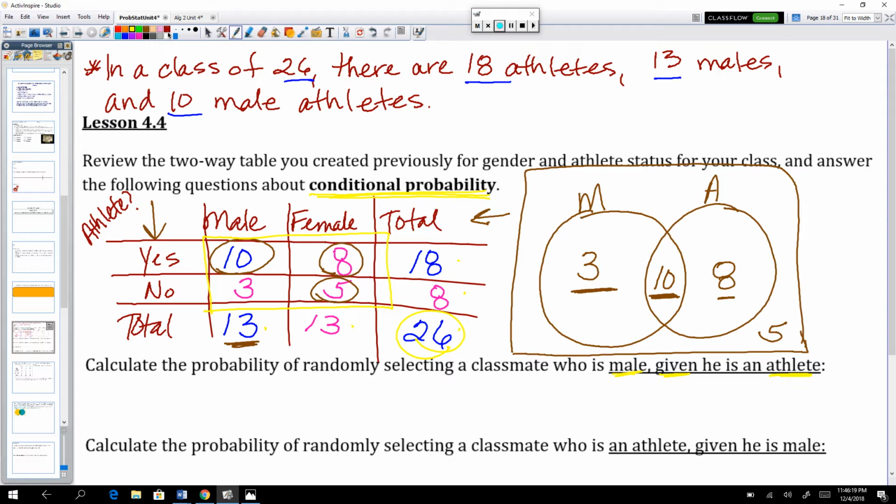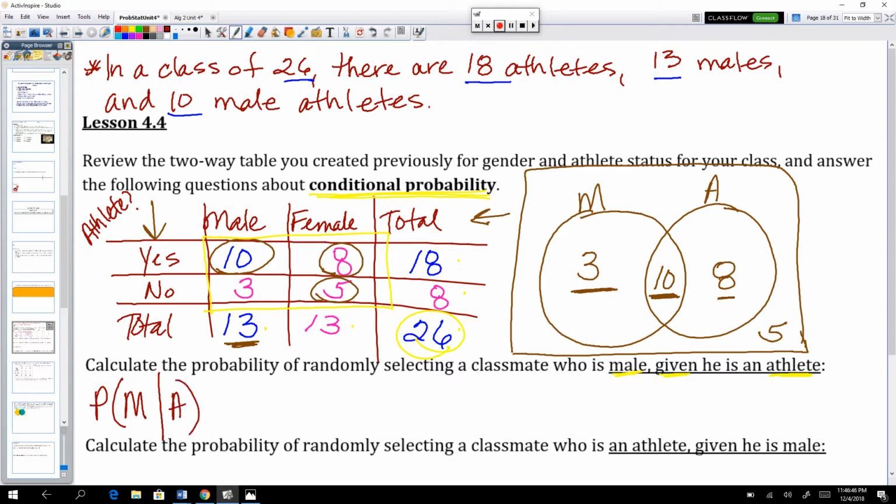So we're asking, what is the probability of randomly selecting a male with the condition that you have a subset of athletes? It's like you walked in the room and divided up the room first. Before I randomly select somebody, everybody get into males and females. Let me show you the notation. Probability of randomly selecting a male given he's an athlete.